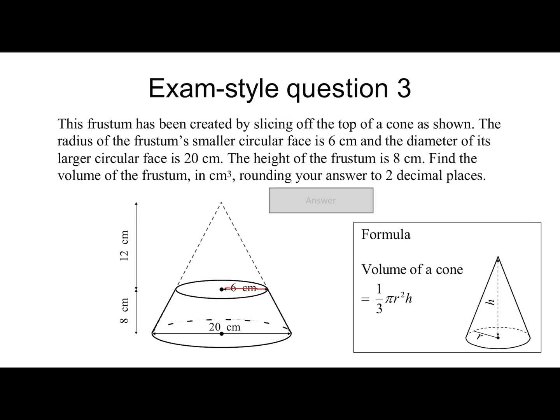The diameter of the larger circular face is 20, so this distance is 20. The height of the frustum is 8. You're also told that the height of this cone that's been sliced off is 12. Can you find the volume of this frustum? Stop the video and have a go.